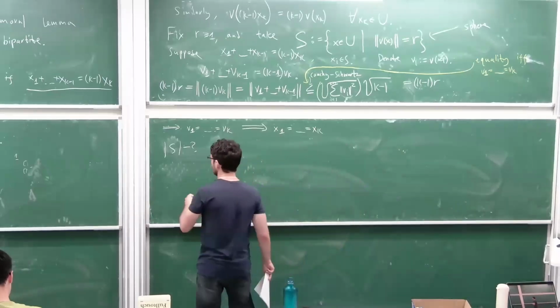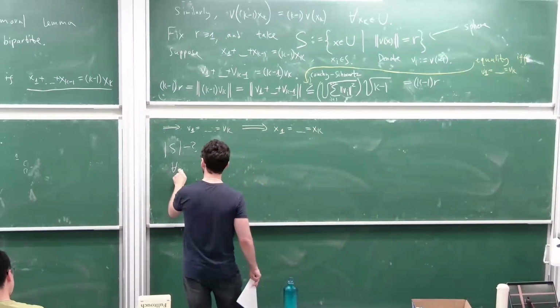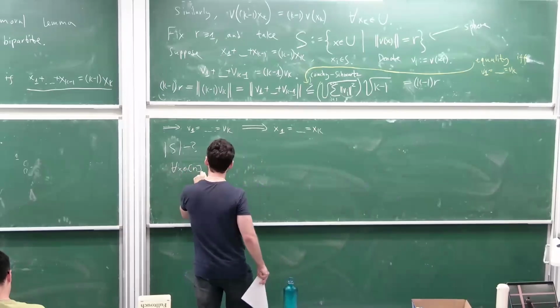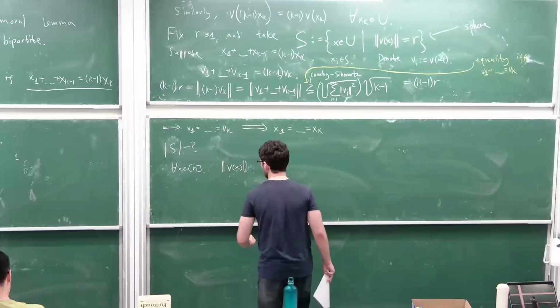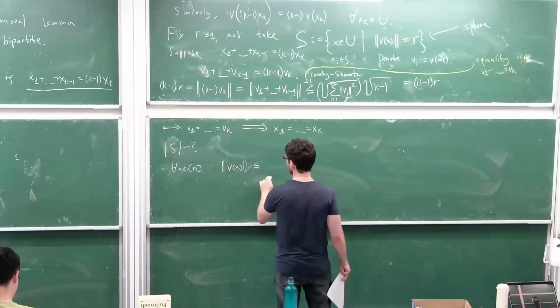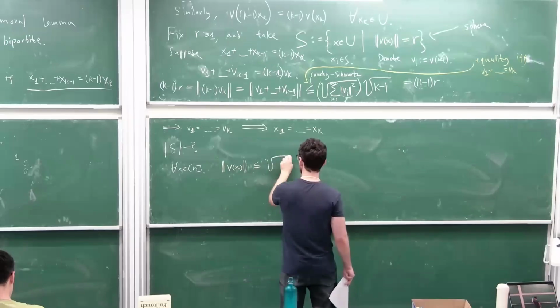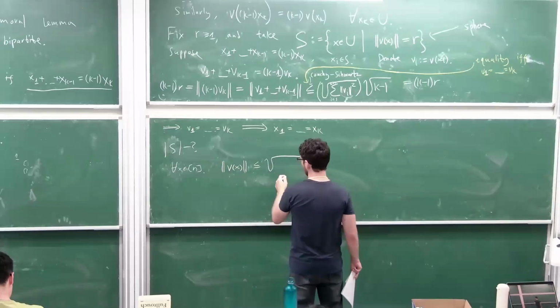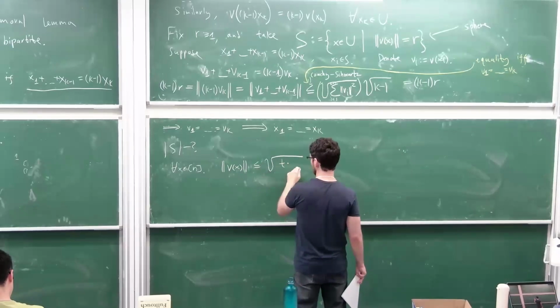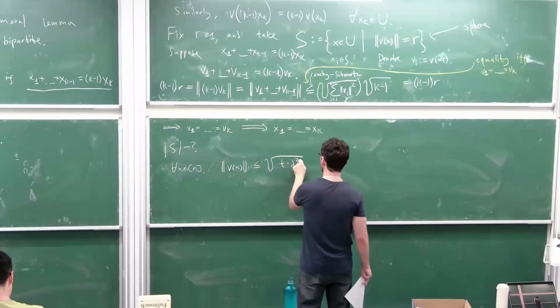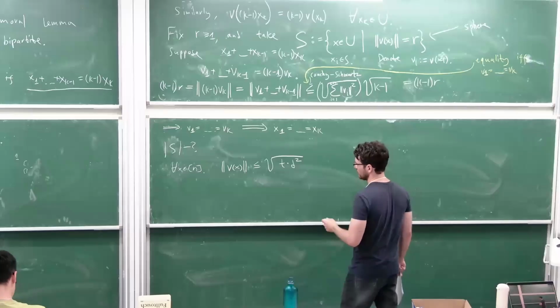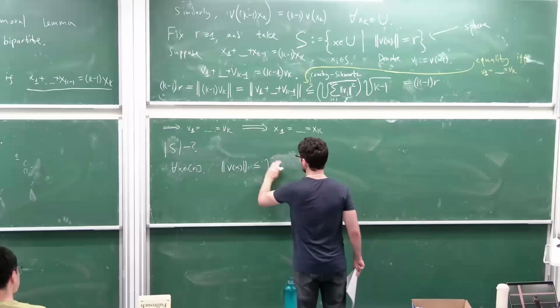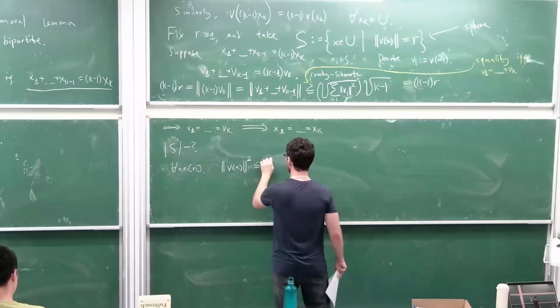So for every x in n, the norm of the vector of x is the smallest, so square root of p times p squared. Let me do it without the square root. This is the smallest p squared.